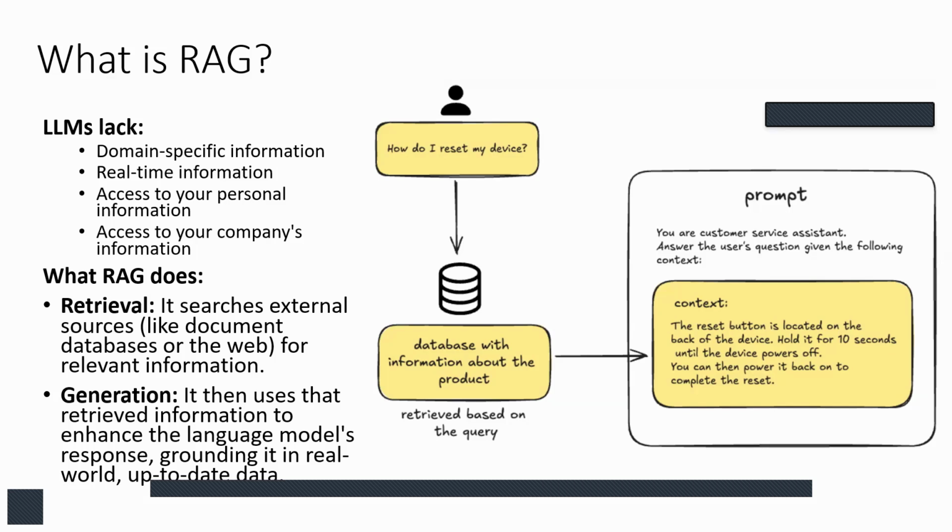Third is access to our personal information. Personal information in the sense of whatever I have in my Gmail box or in my Notion, whatever private data I have, that information the LLM doesn't know. Fourthly, access to the company's information, just like my personal information.